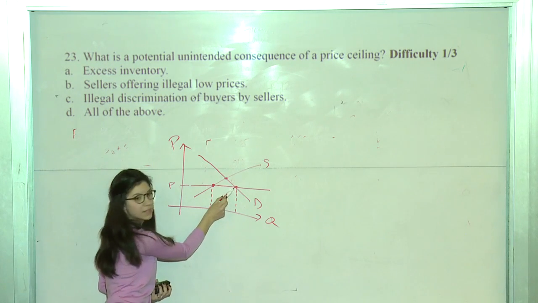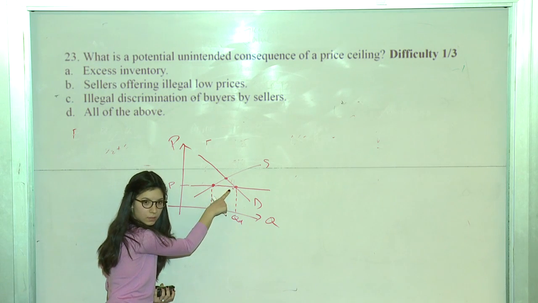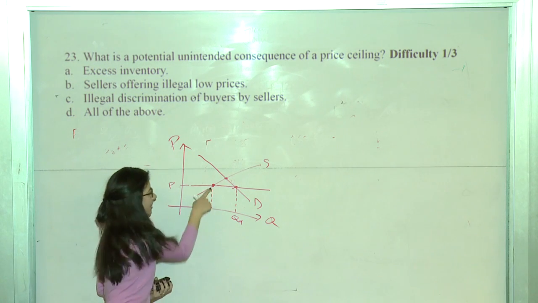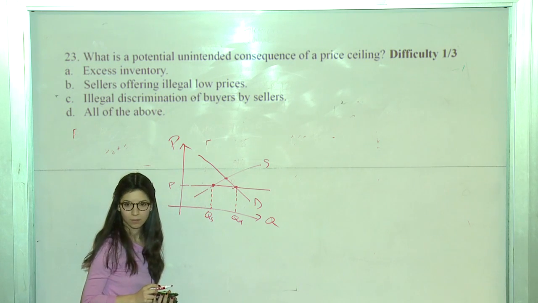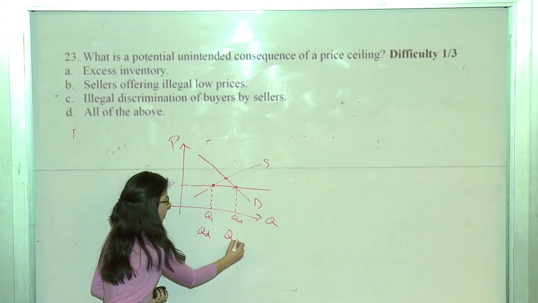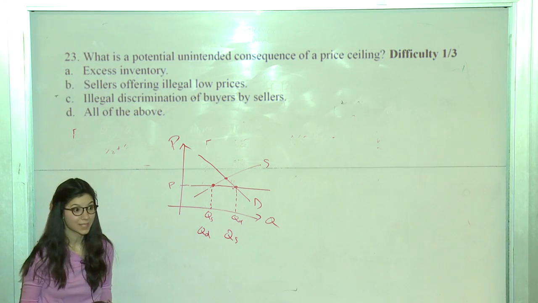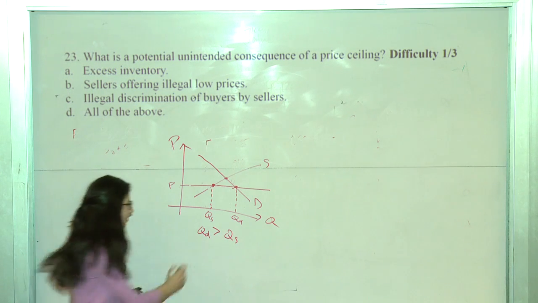The quantity demanded is all the way out here. However, the quantity that's actually supplied is all the way down here. So what can we say about the quantity demanded relative to the quantity supplied? It's bigger. And we call this a shortage.